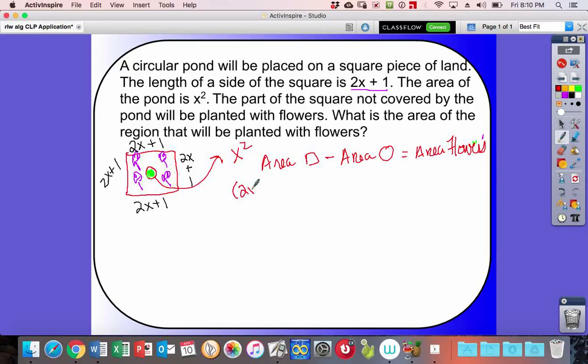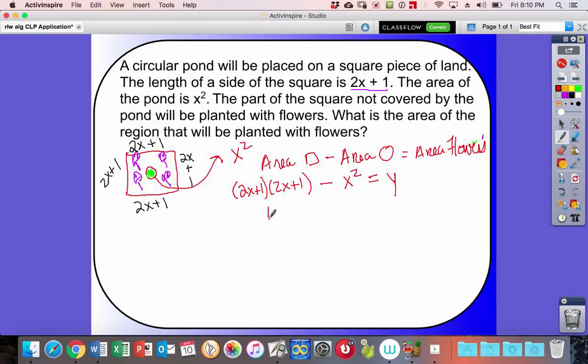So it would be 2x plus 1 times 2x plus 1. The area of the circle, I was really nice and gave it to you, it's x squared. And what am I trying to find? I'm trying to find the area of the flowers. I think I'll call that y, because I just like x's and y's.